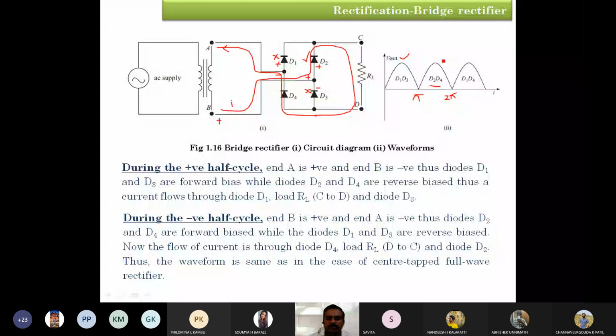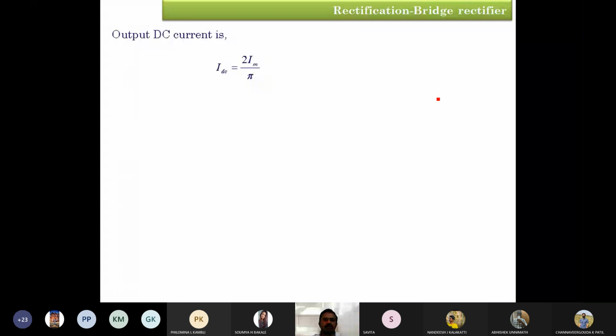We go for the overall full wave rectifier equations with respect to efficiency and ripple factor. Here the output DC current across the load resistor RL, how much DC current will be there?